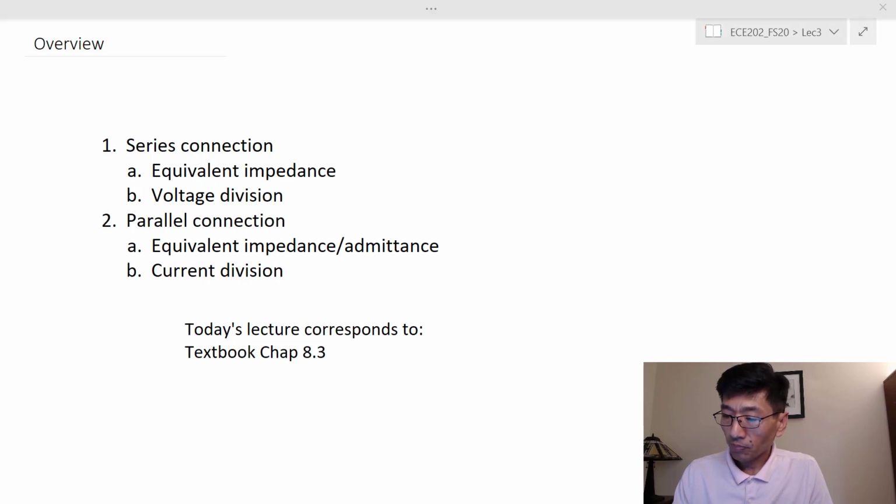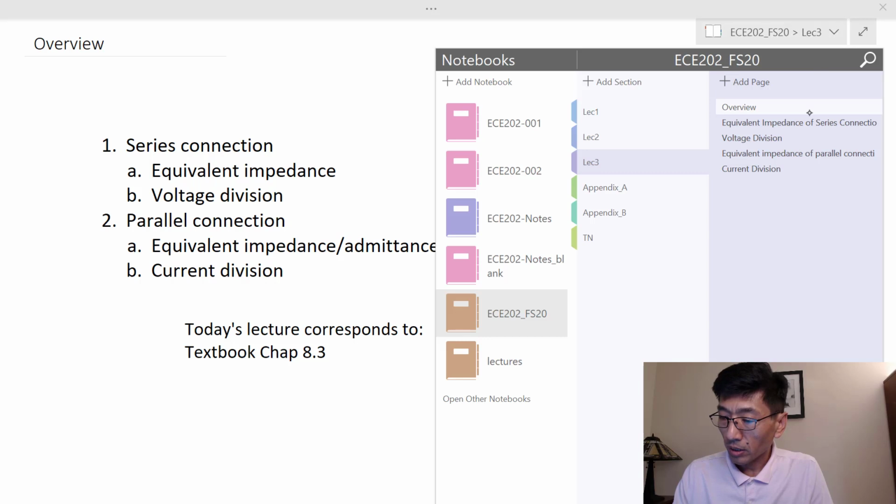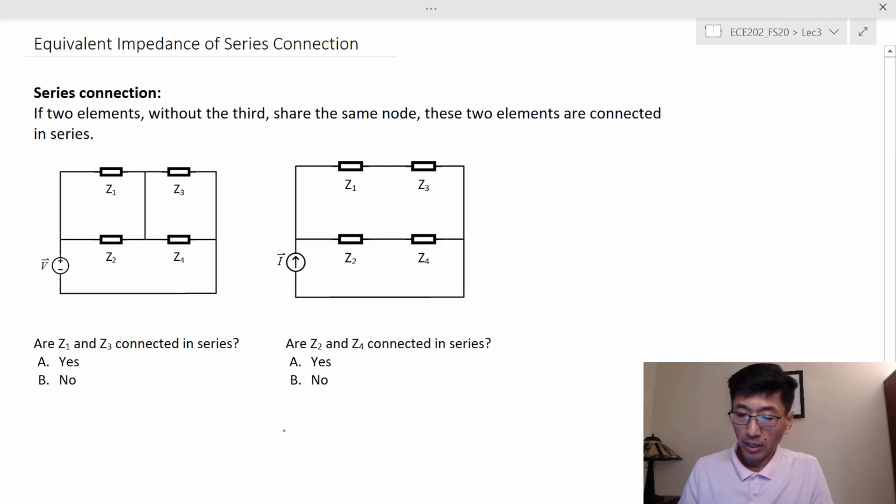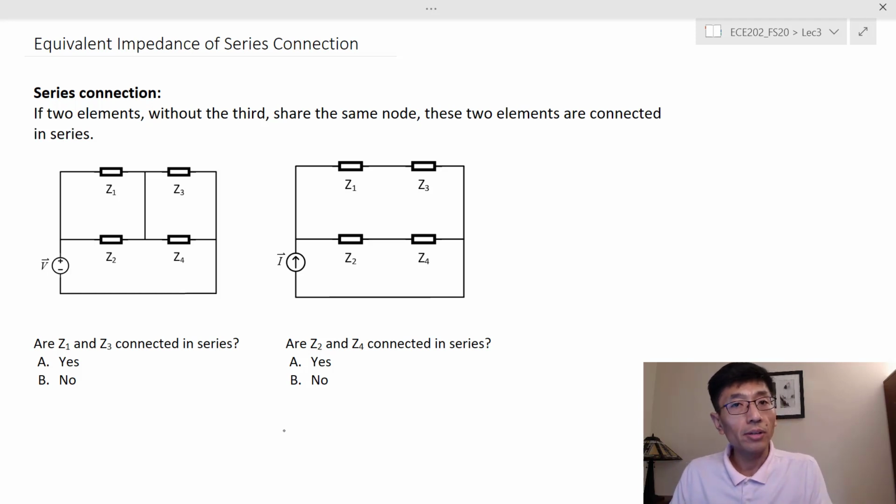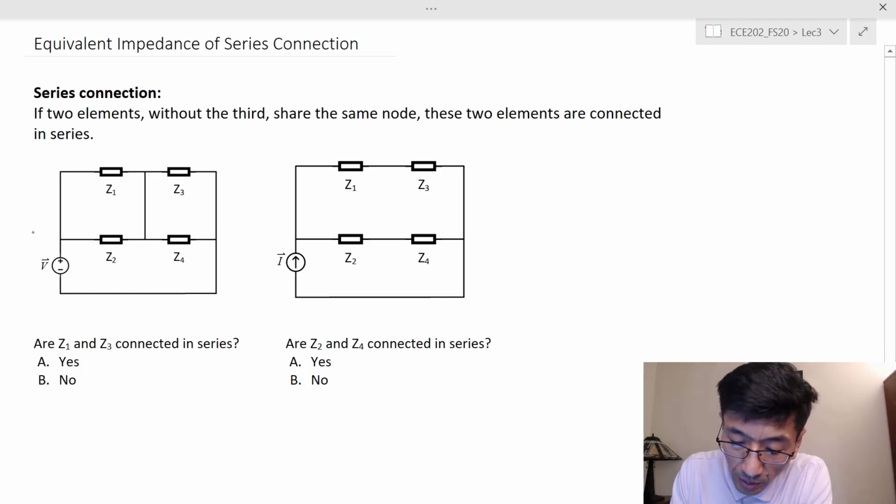Let's get started. First, let's look at what the series connection is. If there are 2 elements that share the same node, without additional elements sharing that node, then we say these 2 elements are connected in series. Let's take a look at an example. In the first picture, we have Z sub 1 and Z sub 3. Are they connected in series? They share the same node, right?